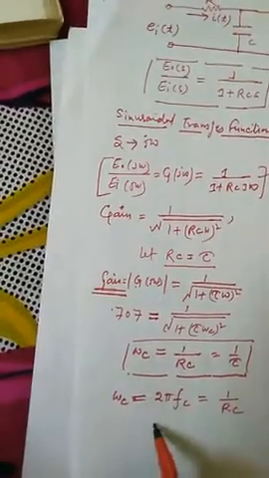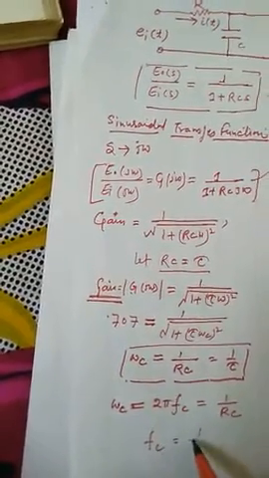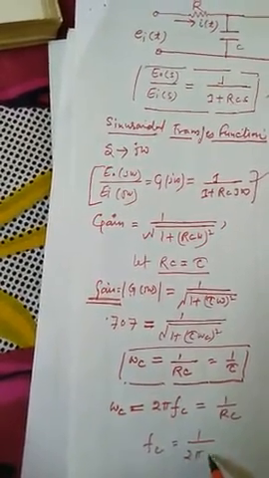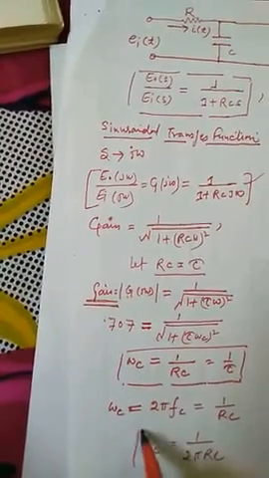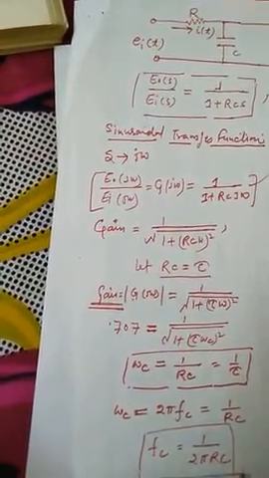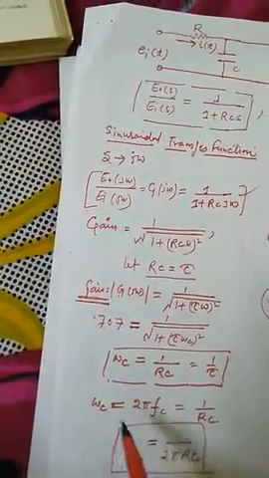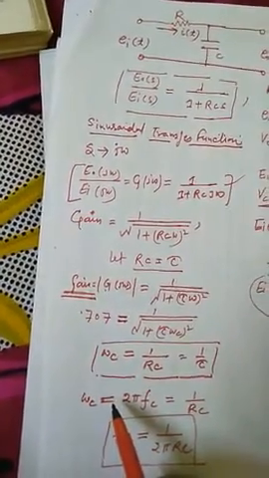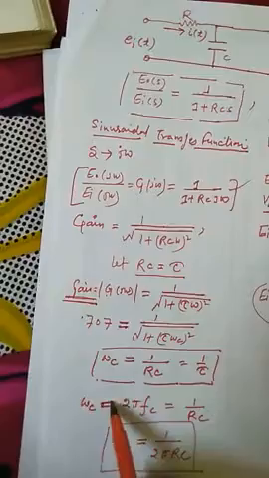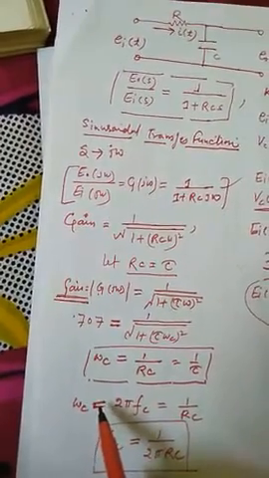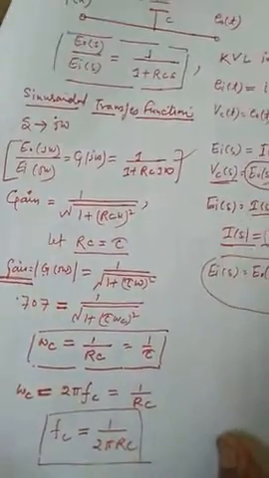So finally the cutoff frequency is written mathematically as 1 over 2 pi RC. This is the cutoff frequency of a low pass filter in hertz, and omega c is the cutoff frequency in the frequency response analysis curve or diagram.